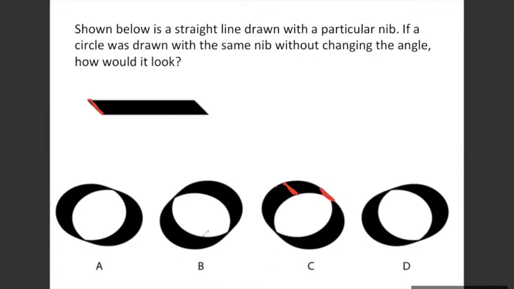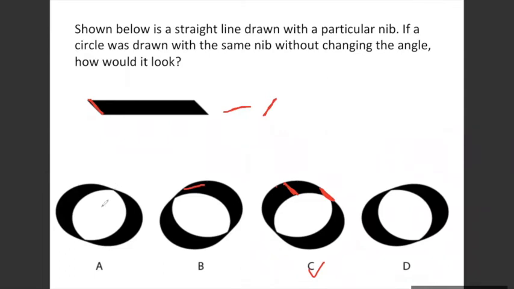Here in B, it is the mirror of C, and that's where it cannot start with a straight line. If the angle was in this direction, then B would be the correct option. With this angle, option C is the correct one.